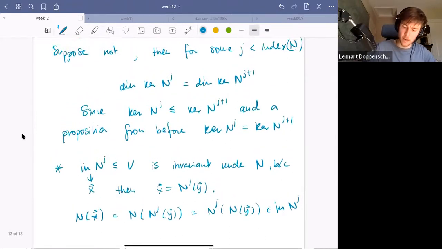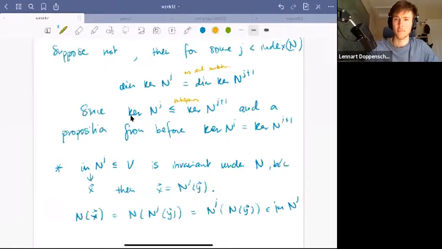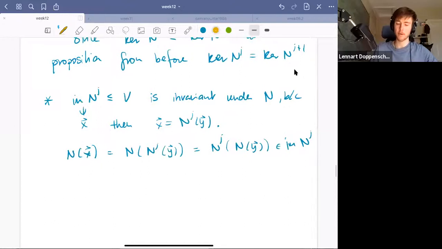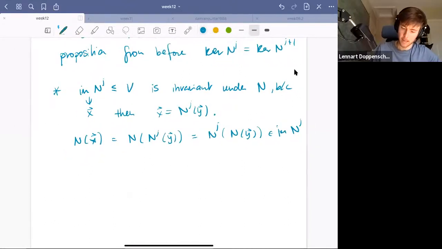Here I actually mean as subspaces. Okay, so we have an invariant subspace.